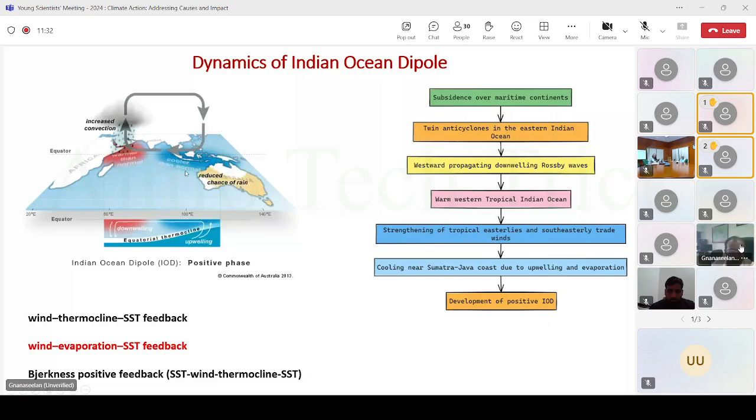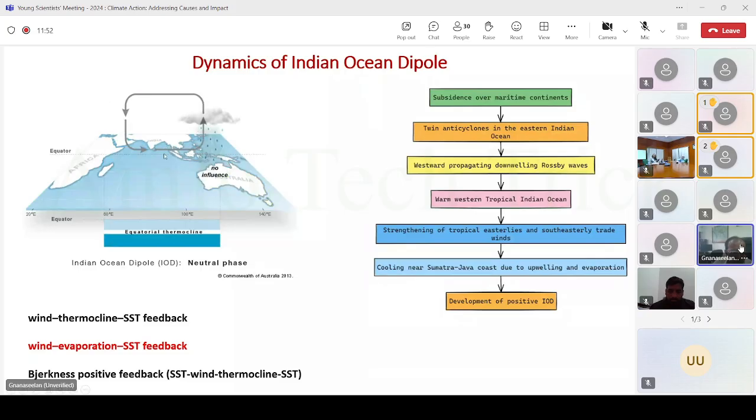The southern component is very strong, which propagates westward and pushes the thermocline downward, favoring warming in the west. Once the west is warm, again the surface winds will intensify because of the SST gradient, and this affects the rainfall pattern in the western and eastern regions. So this is the basic mechanism for the IOD formation.